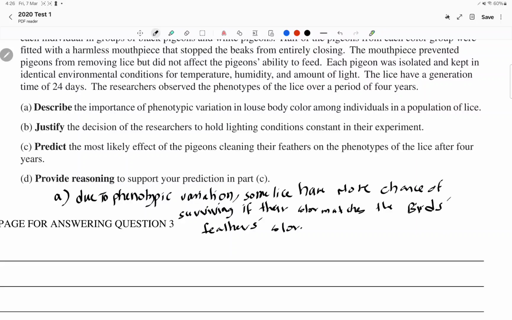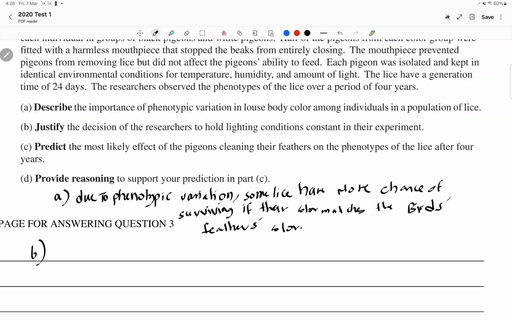Part B. Justify the decision of the researchers to hold lighting conditions constant in their experiment. What's the benefit of making the light conditions constant? What does that mean? That means they keep the light conditions constant for both dark pigeons and light pigeons.